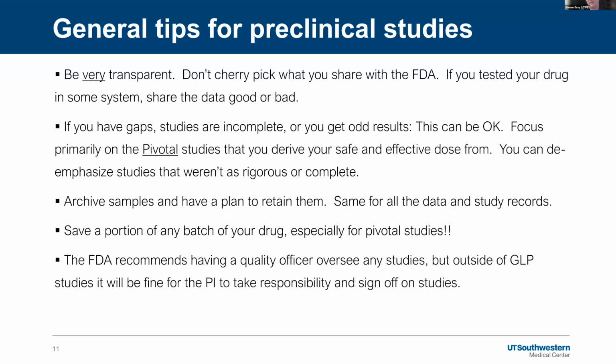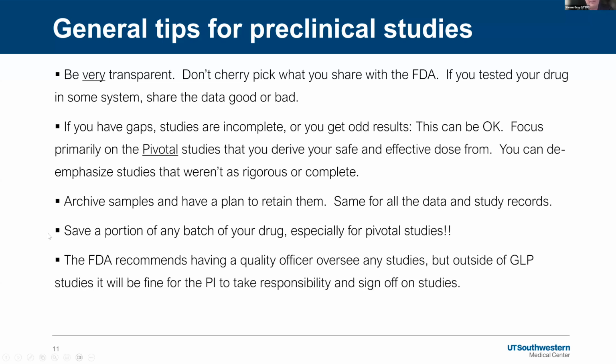And that's usually something that'll make the FDA happy. Same thing, you need to archive and retain all the study data, all the raw data, all the study records. And so you need to have a plan for this retention, and somebody has to have responsibility for that.